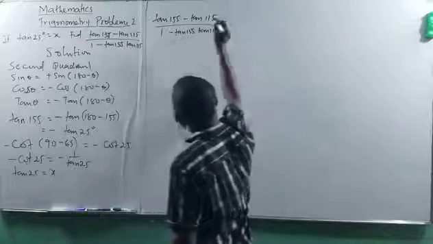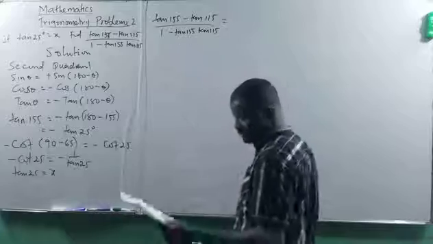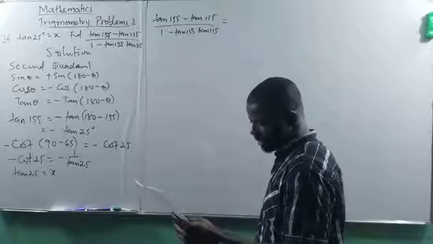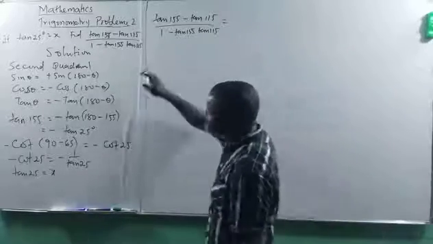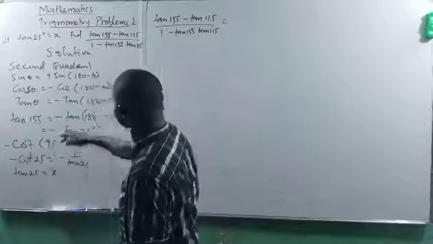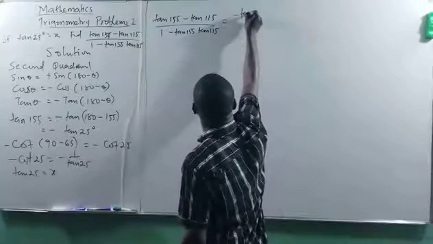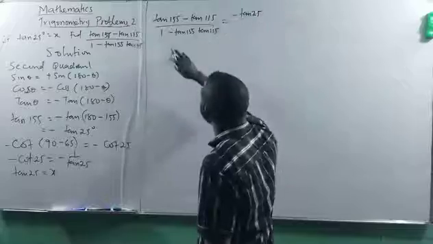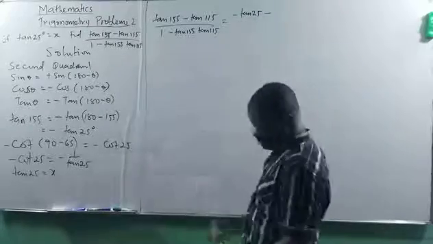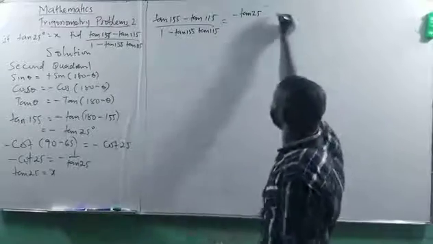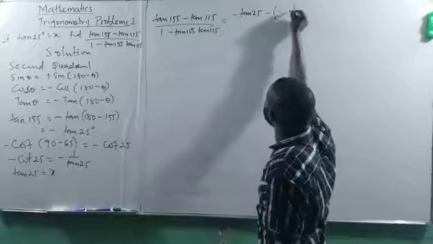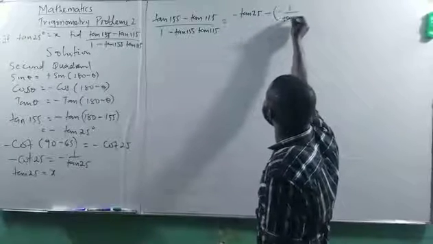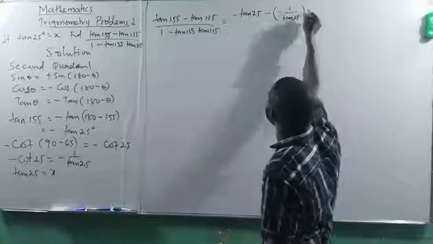I hope I'm not making any mistake. Now, tan 115, which I've done here, is equal to minus 1 over tan 25. Divided by 1 minus the bracket of minus tan 25 times the bracket of minus 1 over tan 25.